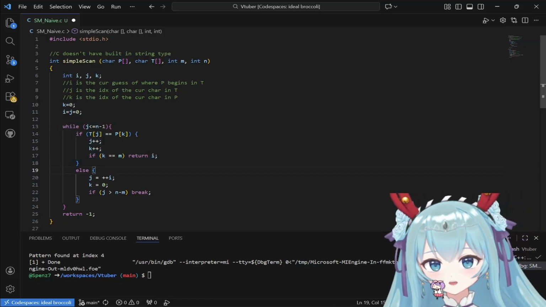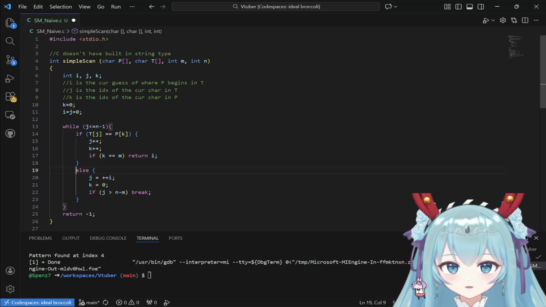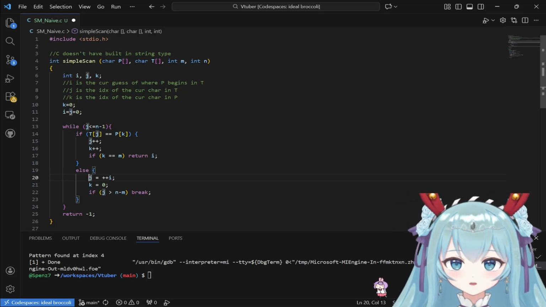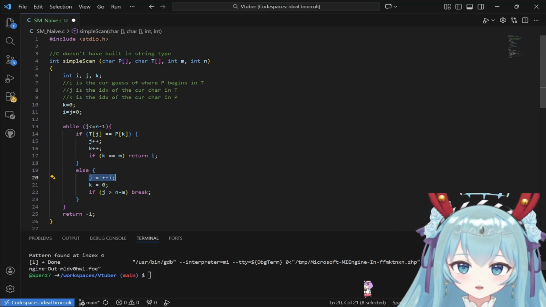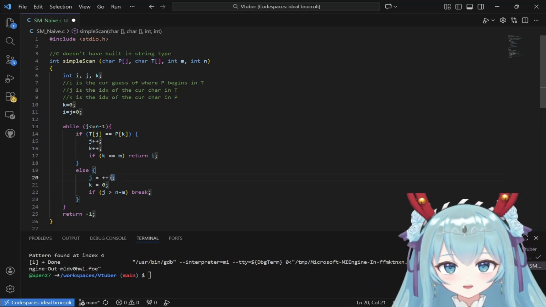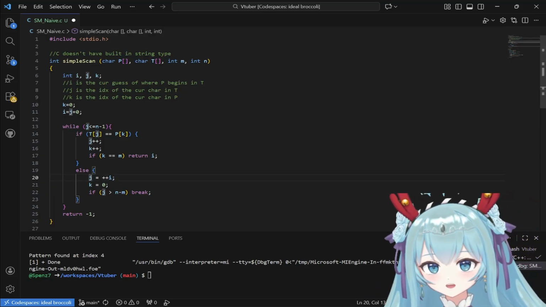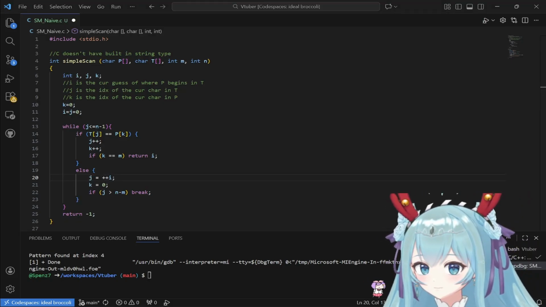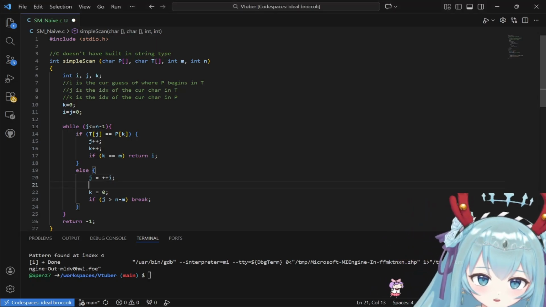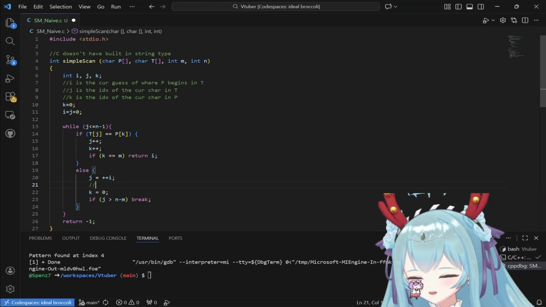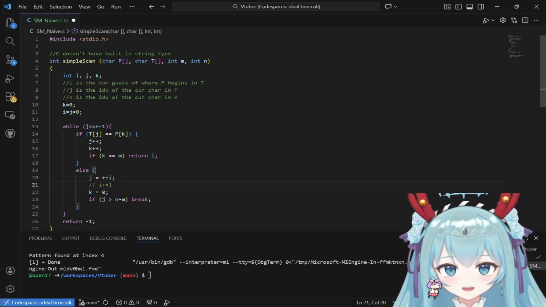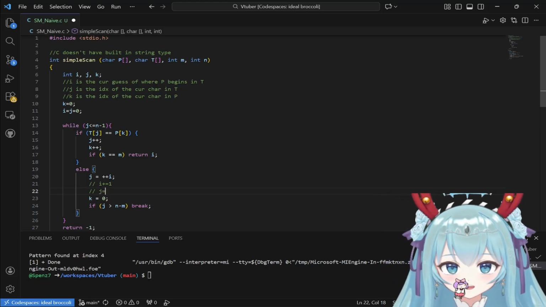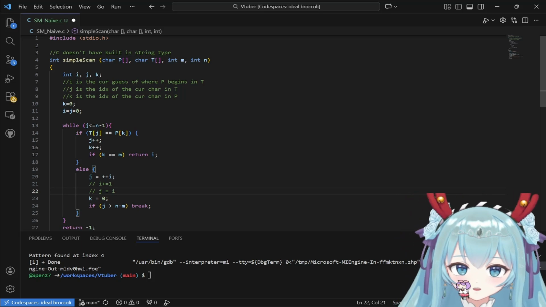And now the else part is what if the two characters don't match. Then like we talked about earlier, we'll increase I first, and then we'll make J have the same value as I. Okay, so this is actually just the same thing as increasing I by 1, and then J equals I. Yeah, it's the same thing.